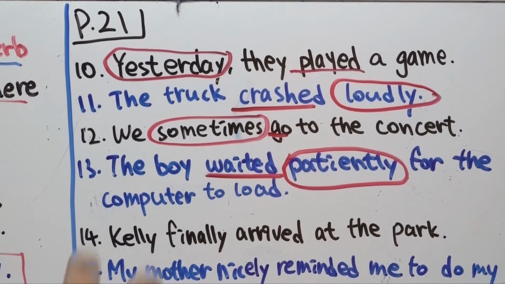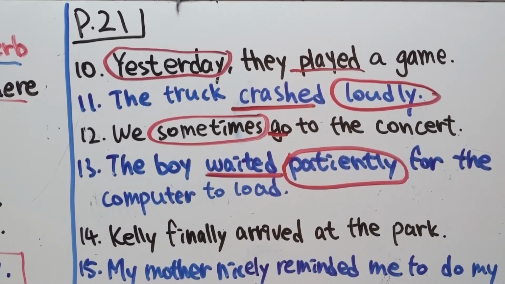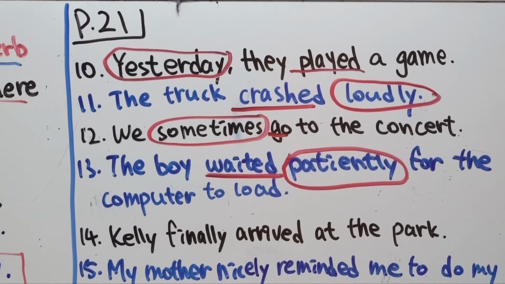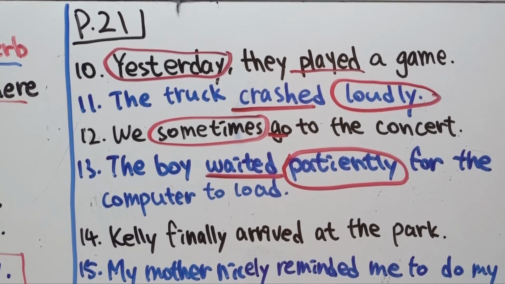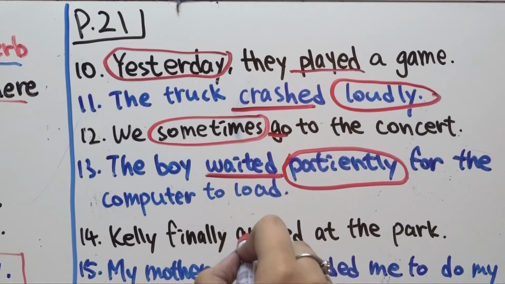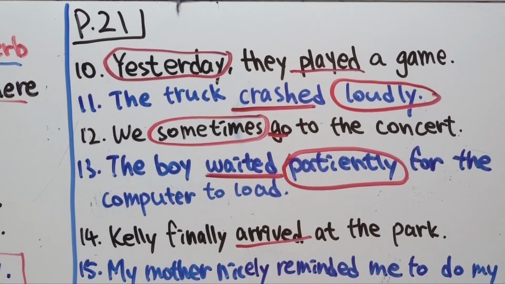Number 14. Callie finally arrived at the park. The subject is Callie. Which one is the action? Smart. Arrived. Right? Underline arrived.